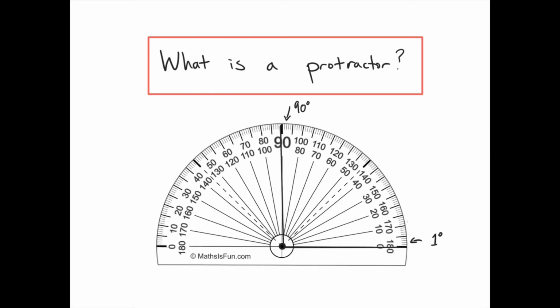So let's go back to a 90 degree angle here. Actually, it looks a little bit more like 91. So we're able to use this tool to measure angles in the unit of degrees. And in the next part of the video, I'm going to use the camera to show you how you can use an actual protractor to measure an angle that is drawn on a piece of paper.